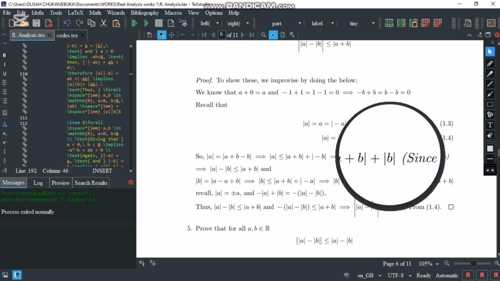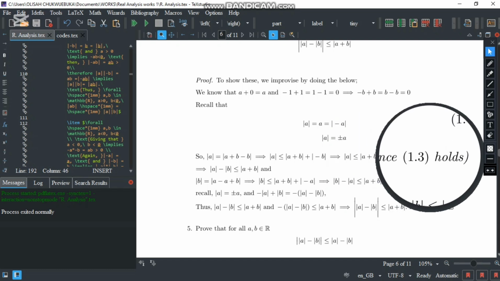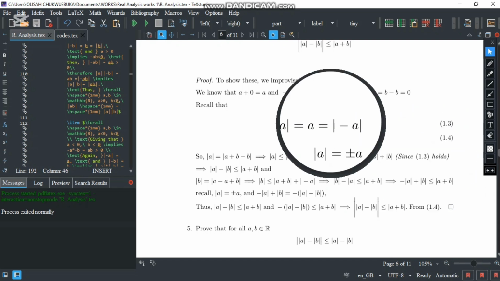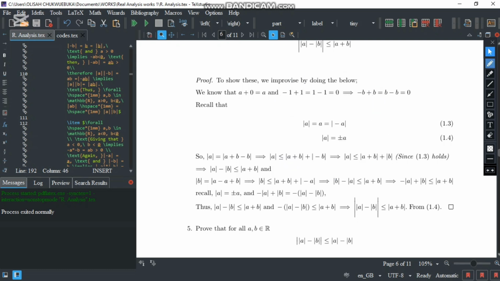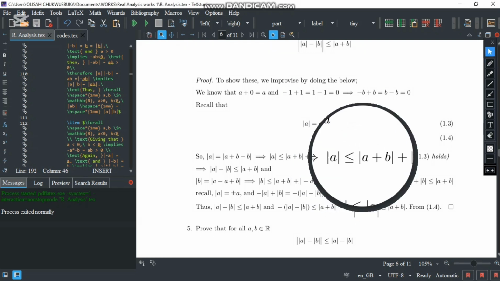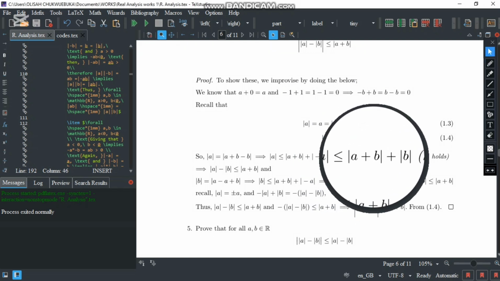Since 1.3 holds, this particular one here, since it holds, that is why we are able to say that the absolute value of a is less than or equal to the absolute value of a plus b plus b.